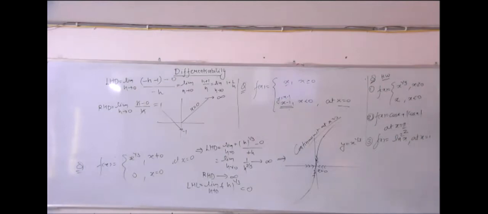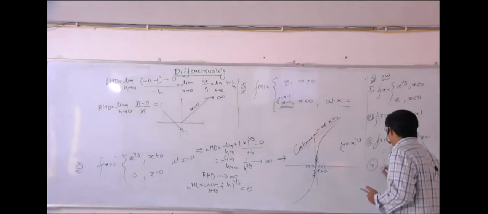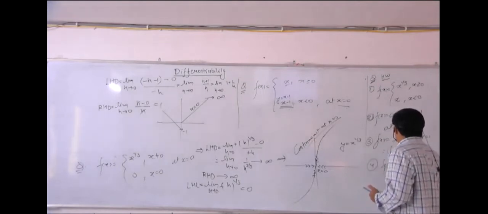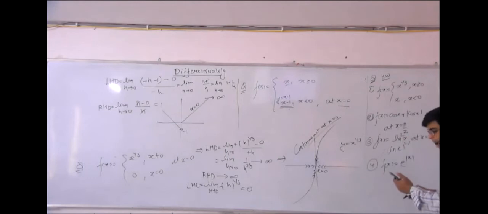Ln square x means ln x whole square, just like sine square x. X box x, I think I have given to you. It is about mod x. Given?